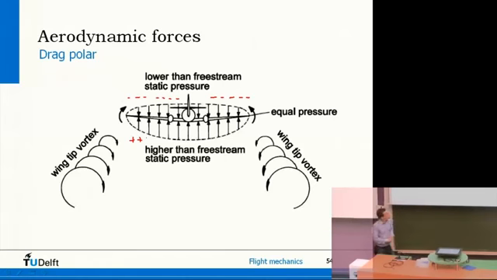There are many different ways you can look at this picture, but what I think is easiest to understand is that if you leave these vortices in the air, then once an aircraft has passed, a lot of air is still moving around like this. And that means a lot of energy has been dissipated into the air. So you basically lose energy just due to the fact that the aircraft is not a two-dimensional thing, but a three-dimensional thing.